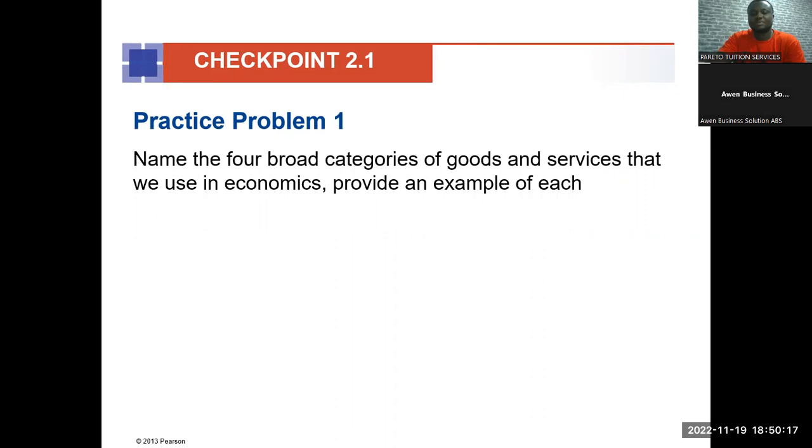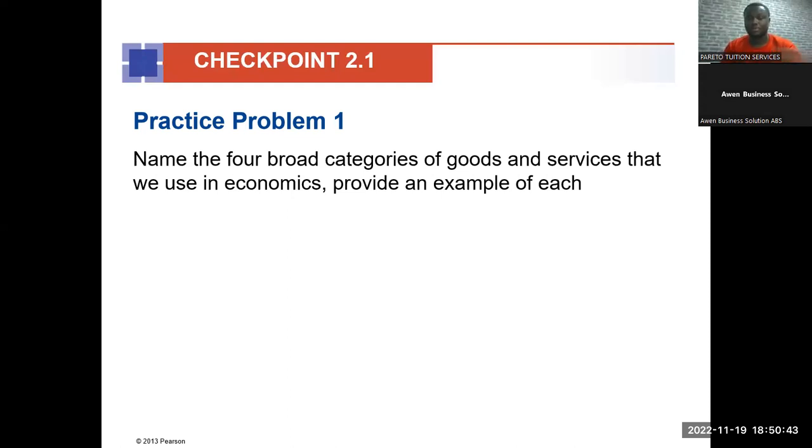Okay, we have capital goods. We have the capital goods include a police service. It also includes judicial services. Okay, wait. Let's take our time. The first category you said was what? Capital goods.